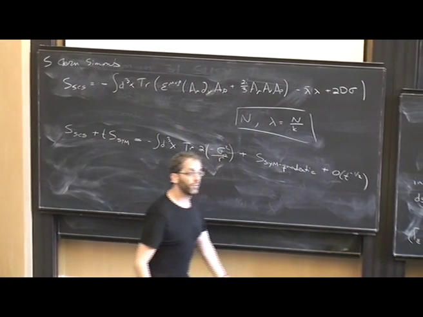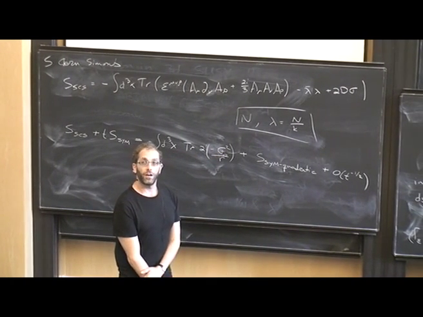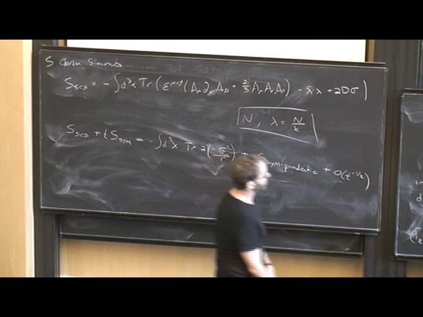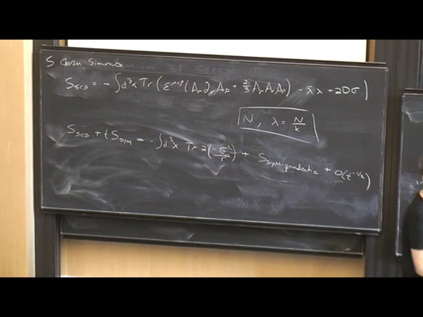So it's not that I don't have to do the path integral. I do have to do the full path integral over all these fields, but my action is quadratic, so I actually can do the full path integral.